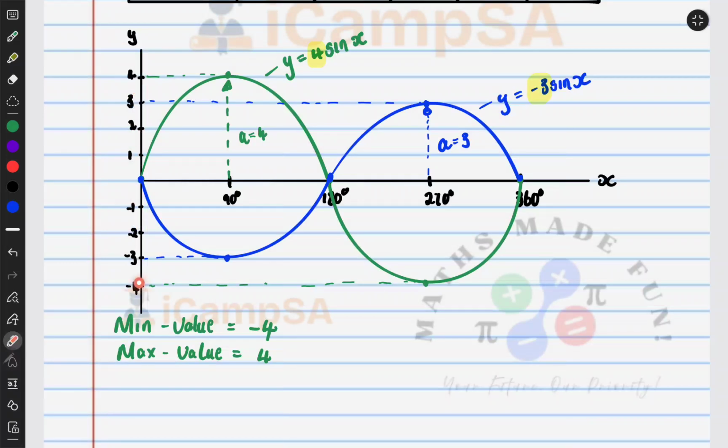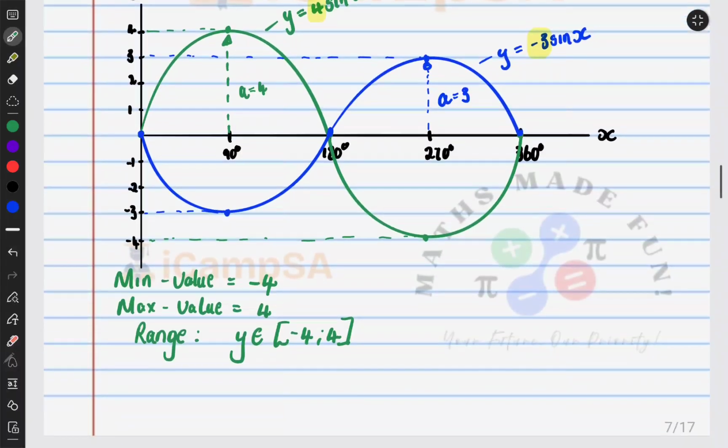So our range is from -4 to 4, and our function keeps repeating back and forth between those two values. So the range: y is an element of -4 to 4.